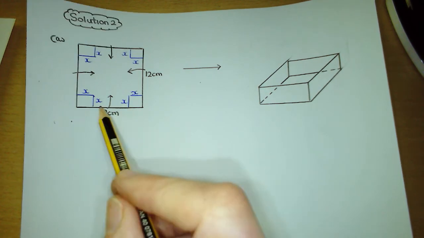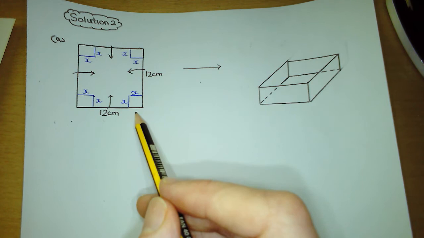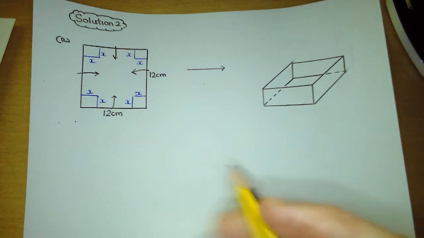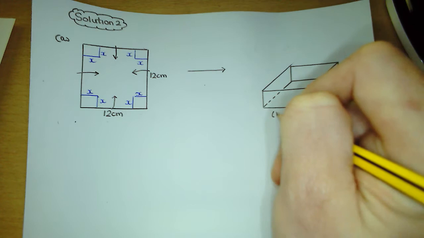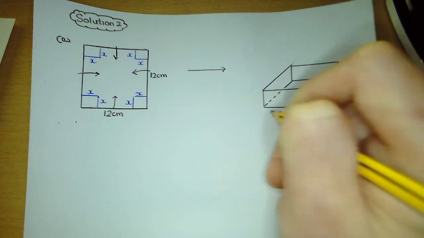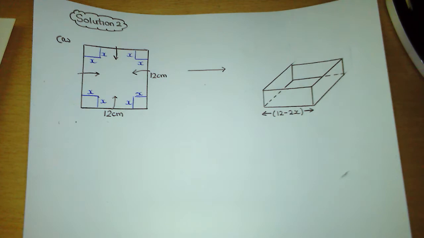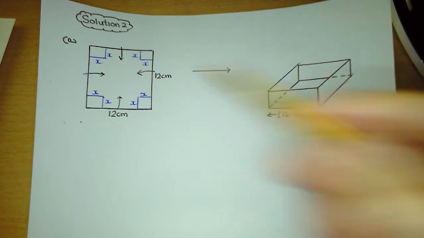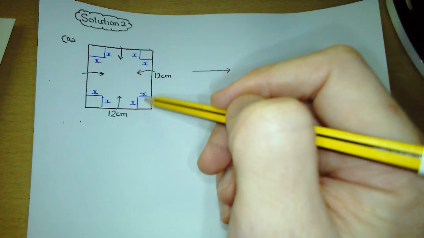Now to get this length, we're taking the original length, which was 12, and subtracting an x and another x, so overall that's going to be 12 minus 2x, that side. And put it in brackets, because there's more than one term. Likewise, this side on our box is this side when it's folded in.